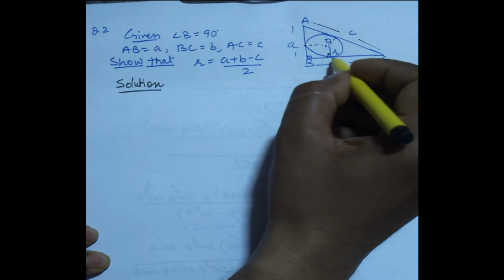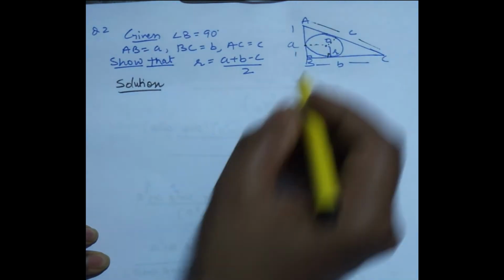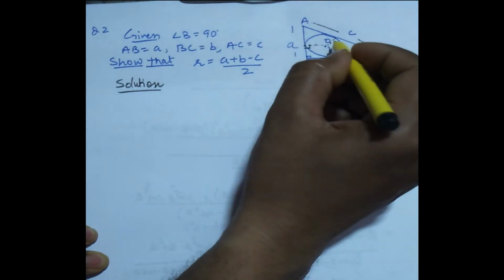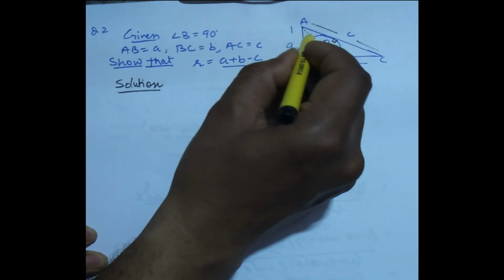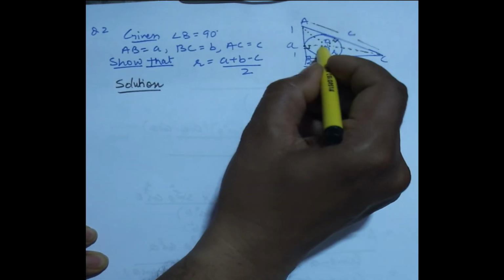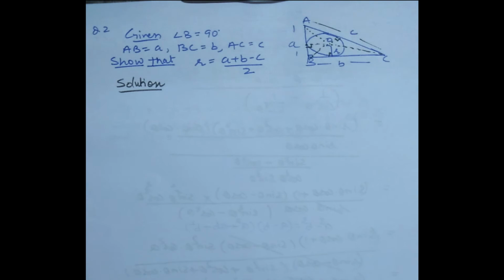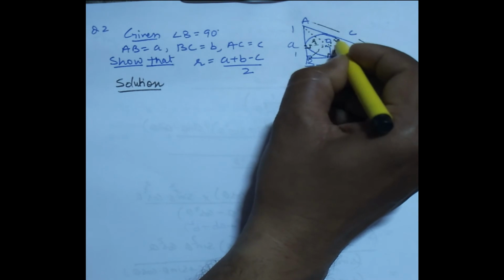Here you can see this is a tangent, so it is perpendicular to this. Similarly this is also 90°, this is also 90°, and next you join the center of the circle to A, B, C. After joining, this is also a radius, and so is this.